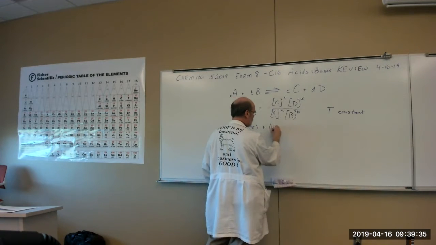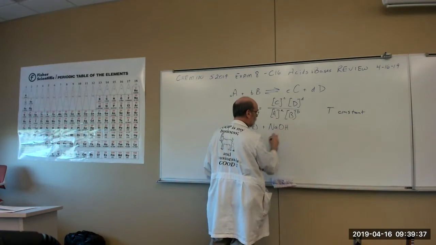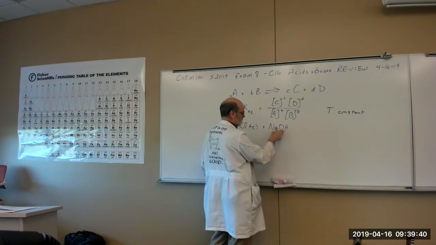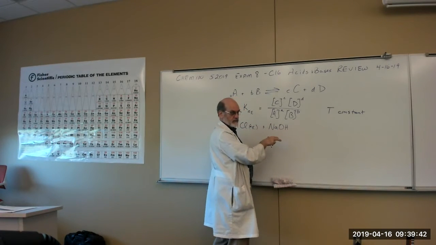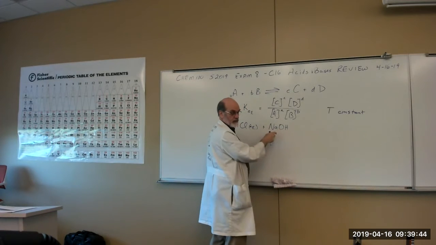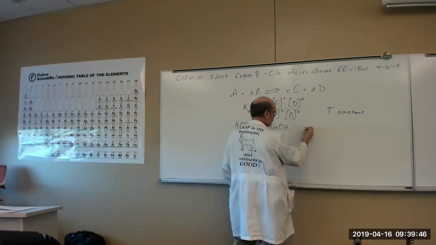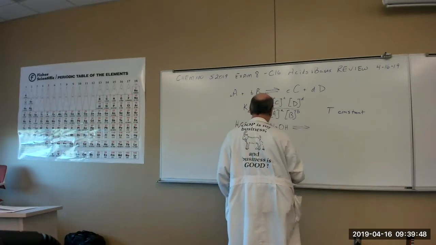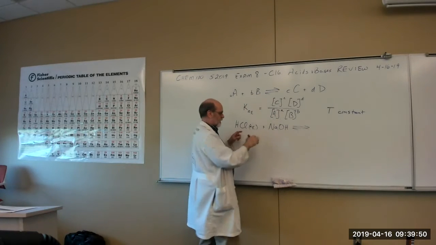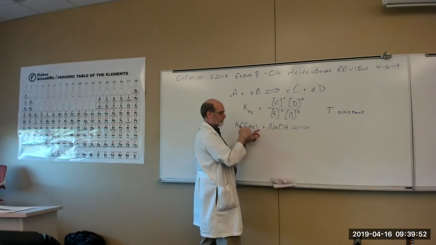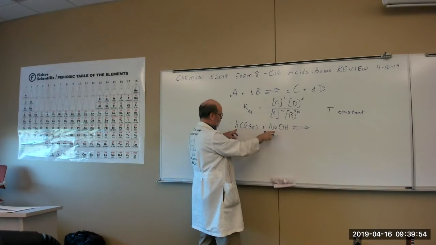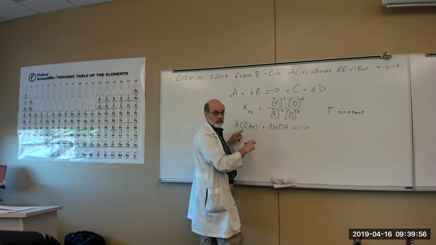We react it with a base, sodium hydroxide. This too can break apart into the hydroxide and the sodium ion. And when they interact, it's just like a double replacement reaction. You just swap the cations. So the sodium swaps with the hydrogen and associates with chloride.